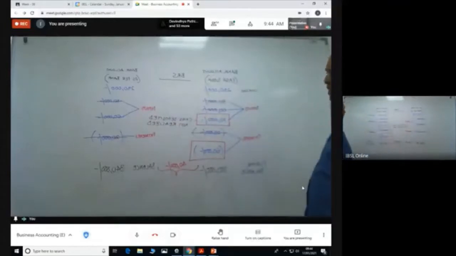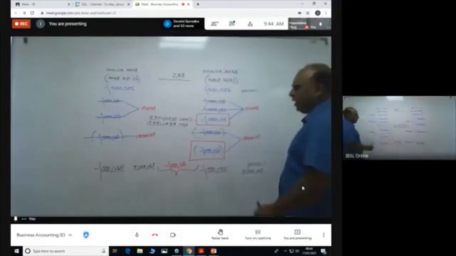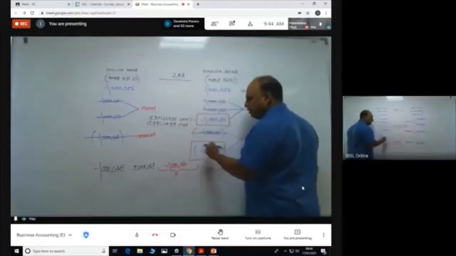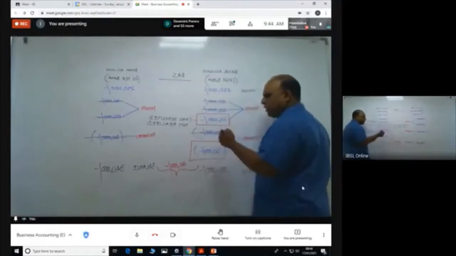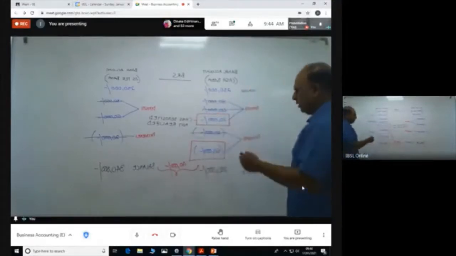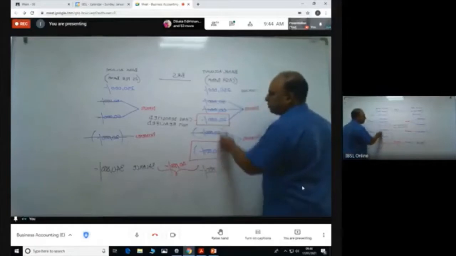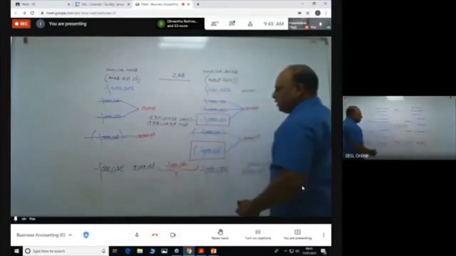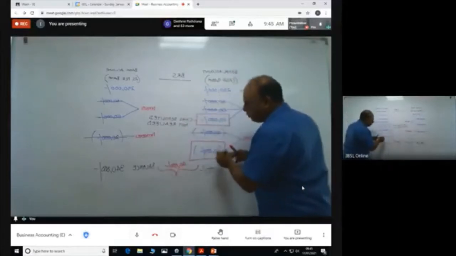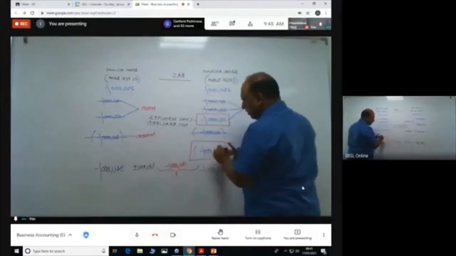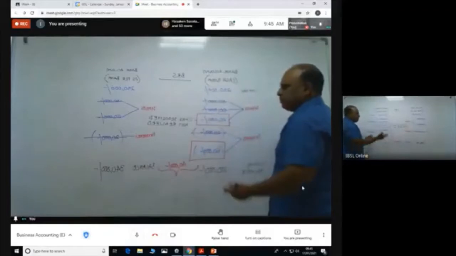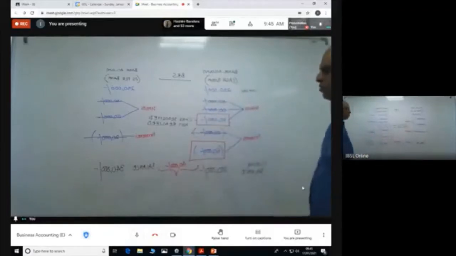Look at the second scenario. I have made a payment to one of my suppliers by giving them a check for 60,000. When you give the check to the supplier, immediately you will credit your bank account in the cash book. So that's why this. But when I get my bank statement, I check whether this check has been received in the bank. I check the check numbers there, which is not clear. So what does it mean?